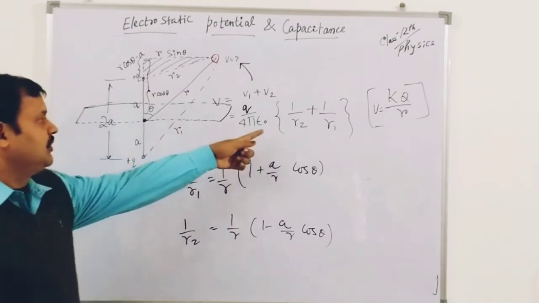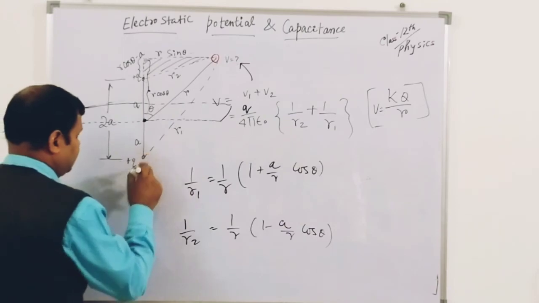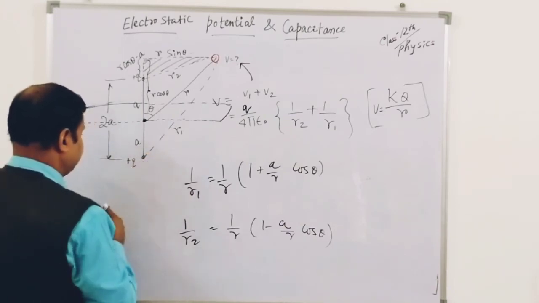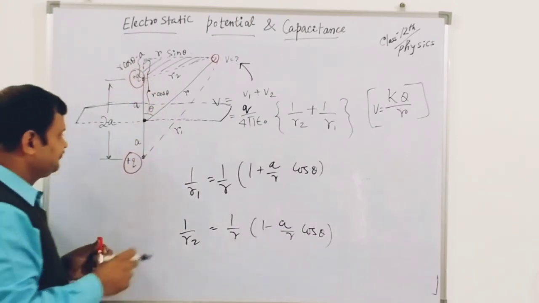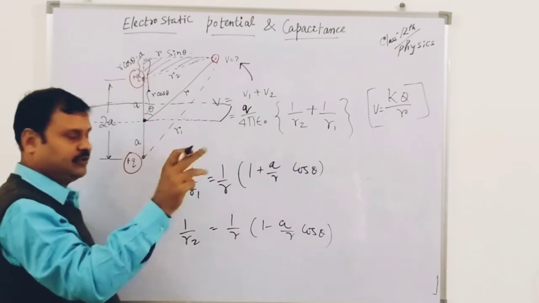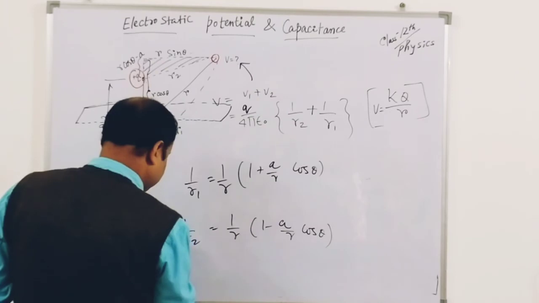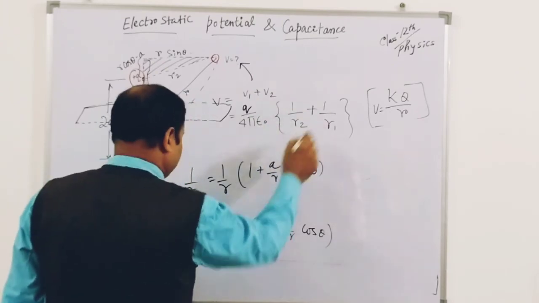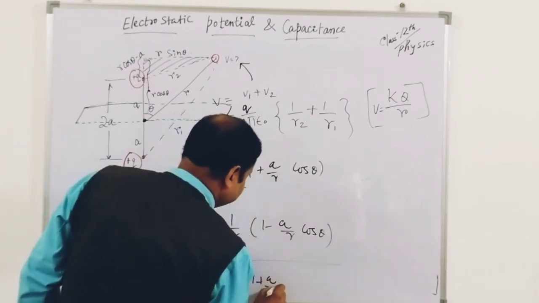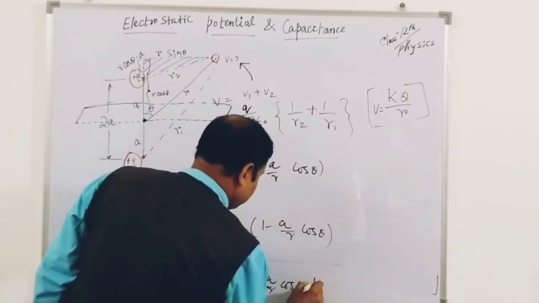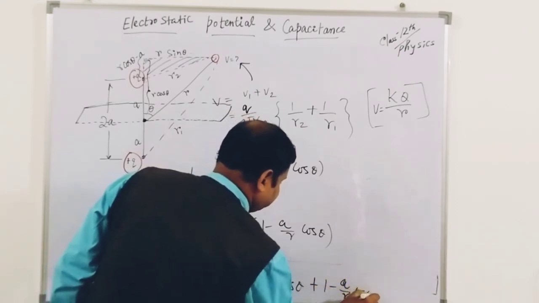Now the only thing we need to do is add these, in case both are positive charges or similar charges kept at a distance of 2a, suppose, or x distance. You consider 2a, you can say x equals 2a, whatever, it is only a calculation part. So in this case, you add this one to this one, replacing them: 1 by r times 1 plus a by r cos theta, plus 1 by r times 1 minus a by r cos theta.